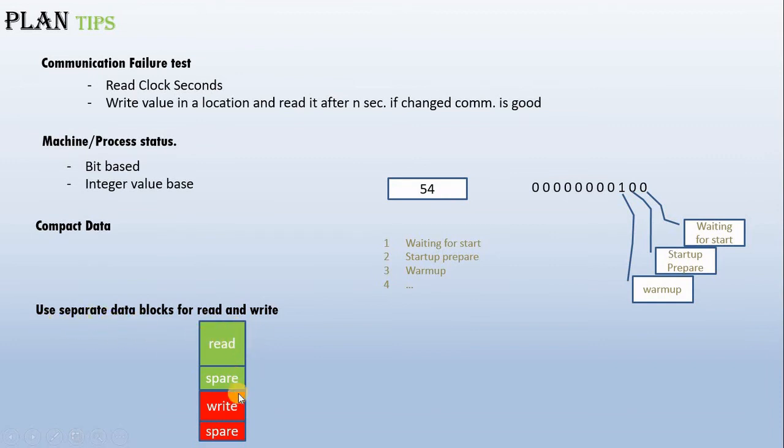Don't mix the read and the write. Try to put them in separate places and consecutive registers. It makes the communication easier, and actually this optimizes the communication between the two systems. There are other tips, like if your system, let's say the PLC, cannot send signed integers.